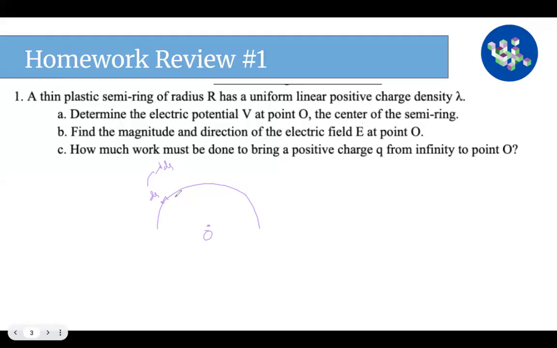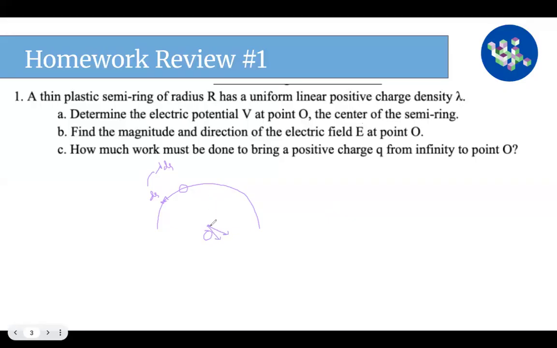When we're doing electric field, that infinitesimal segment causes an electric field at point O in this direction. And if I look at a segment over here, it generates an electric field in this direction.